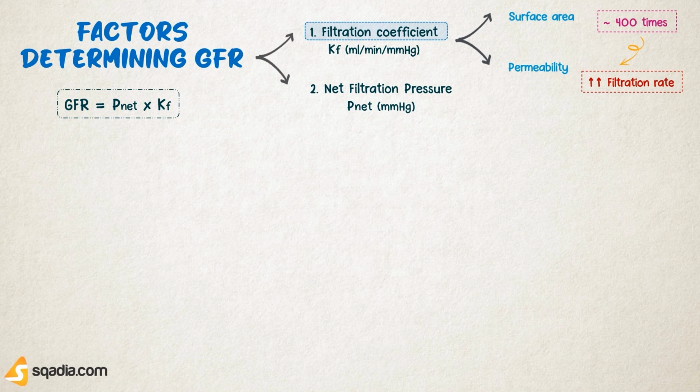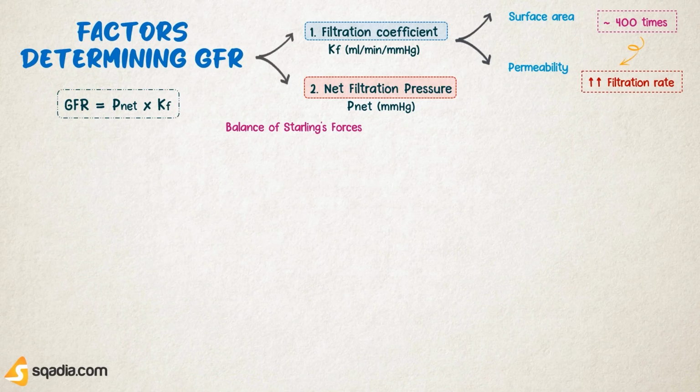The main regulatable parameter that can influence the GFR is the net filtration pressure or PNET. This net filtration pressure is determined by the balance of the Starling forces. And these Starling forces are the forces or pressures that drive the exchange of fluid through the walls of the capillaries.